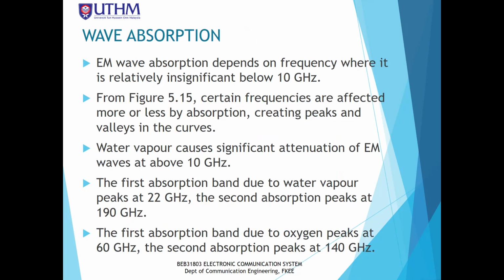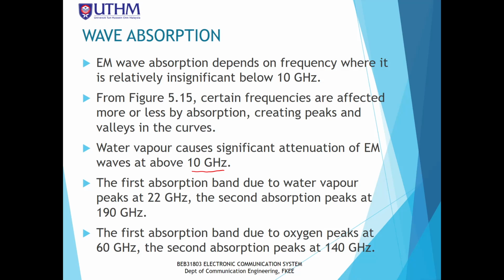And we have seen about wave absorption, especially for rain attenuation, where this is more significant for waves that have frequency 10 gigahertz and above. So waves that have frequency 10 gigahertz and above are more prone to wave absorption, mainly due to the water molecules or the rain.